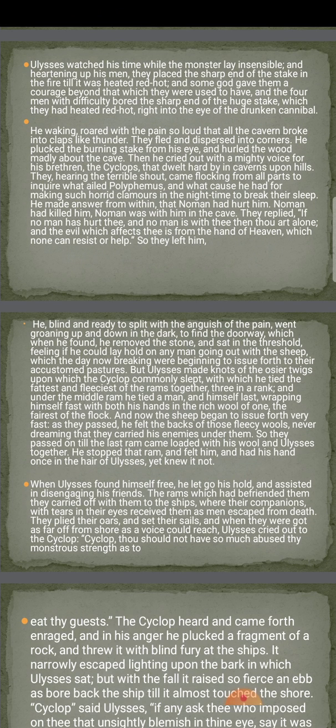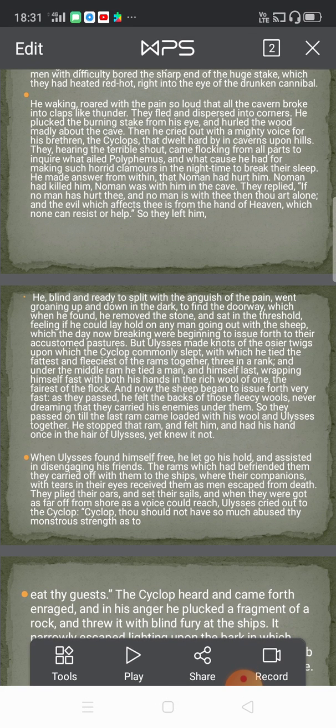So he thought, let all the sheep go. But no, they were sent out by Ulysses, and men were tied in the stomach of the sheep.